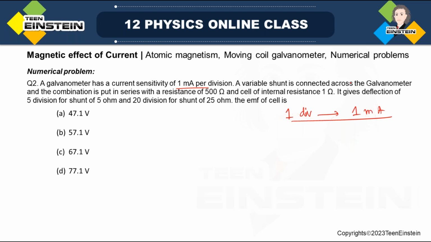Across the galvanometer, a variable shunt is being used. And the combination is put in series with a resistance of 500 ohm and cell of internal resistance 1 ohm. See, I think I'll just draw this figure, then you will be able to visualize.